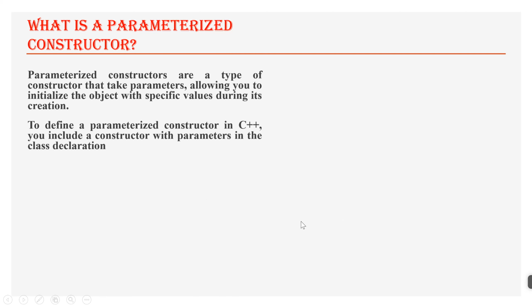Now, let us look into the concept of parameterized constructor. What is the meaning of a parameterized constructor? Parameterized constructors are a type of constructors that take parameters, allowing you to initialize the object with specific values during its creation.